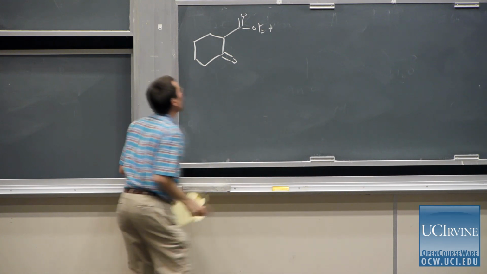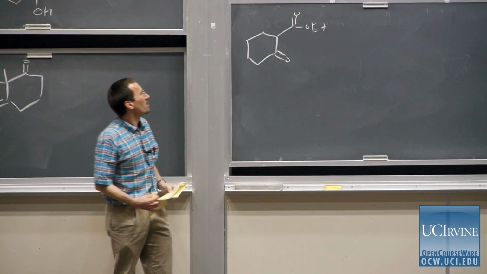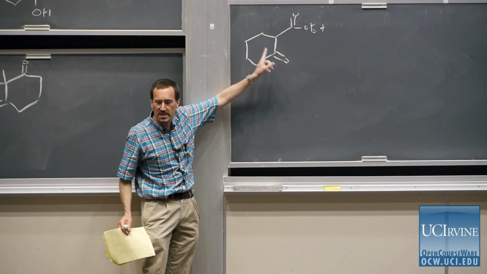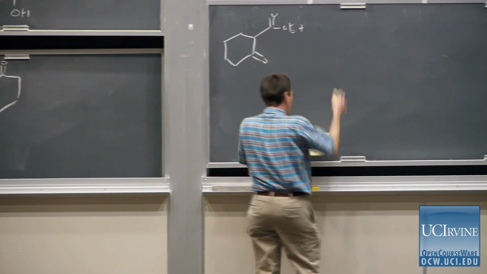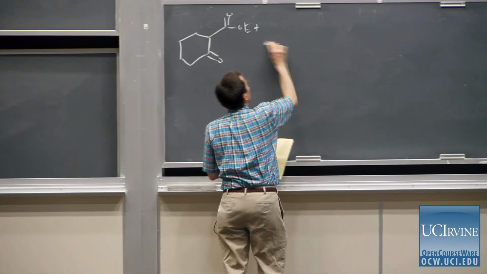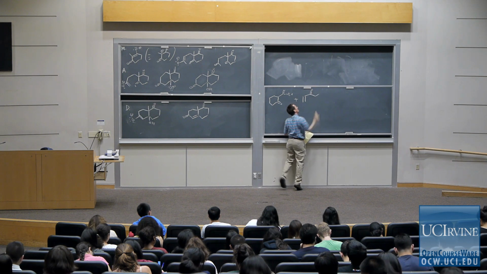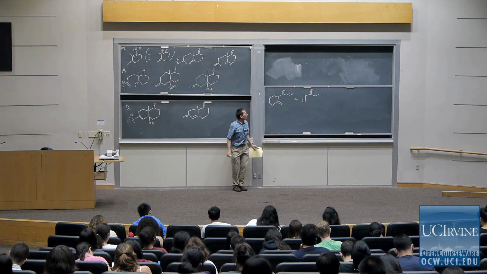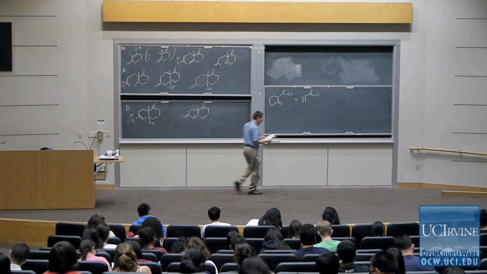So I'm going to give us, in a forward sense, another 1,3-dicarbonyl compound, a beta-keto ester. We're going to see this beta-keto ester later in today's lecture. What I want us to see is a Robinson annulation with a slightly different ketone, and get a little faster and a little better at thinking our way through this reaction.